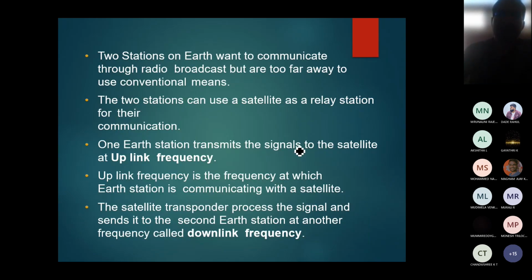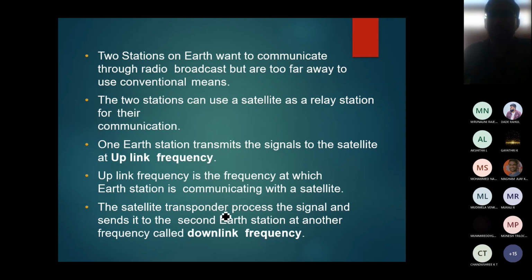As I have explained the terms uplink frequency and downlink frequency, I have also mentioned them here. Uplink frequency we define as when the earth station transmits the signal to the satellite, and the reverse way is the downlink frequency.